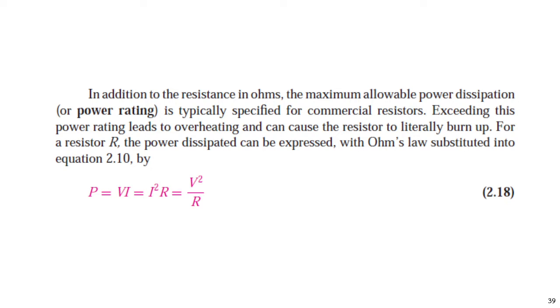Power is V times I, and we know that V is IR. Then we get I squared R as a result. Or we can substitute I by V over R. Then we get V squared divided by R as the power dissipated by the resistor.